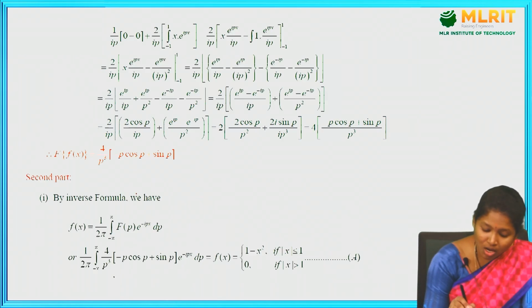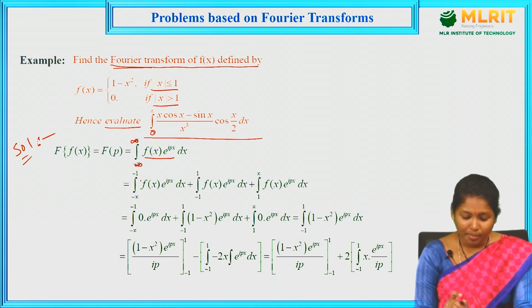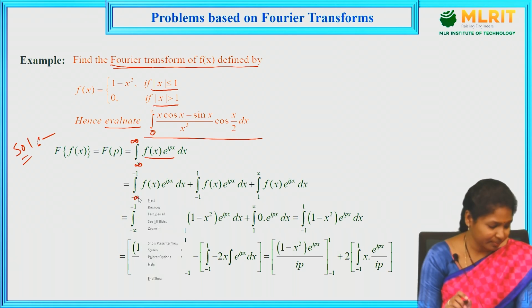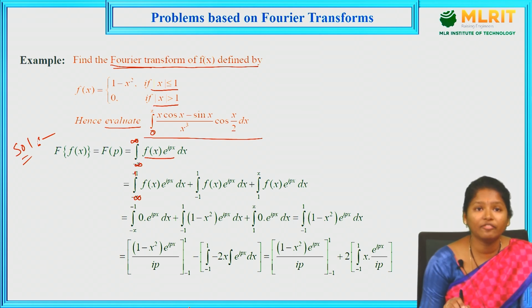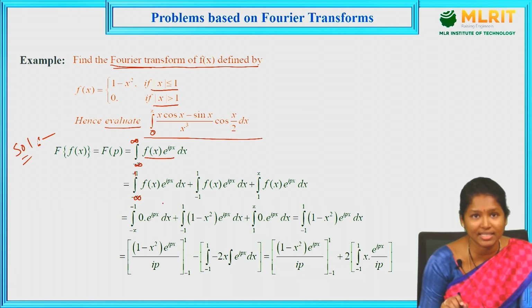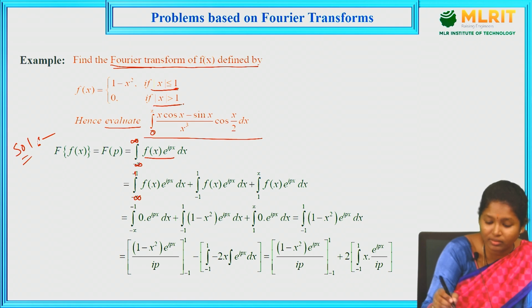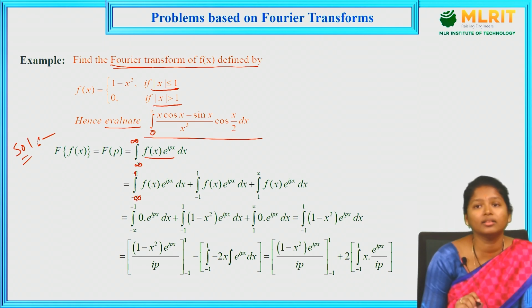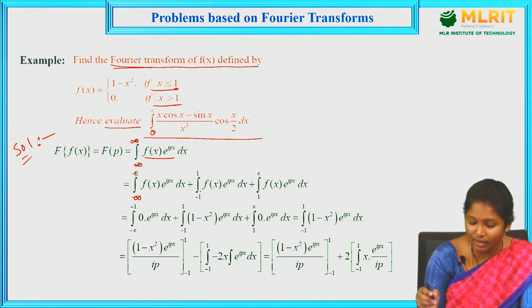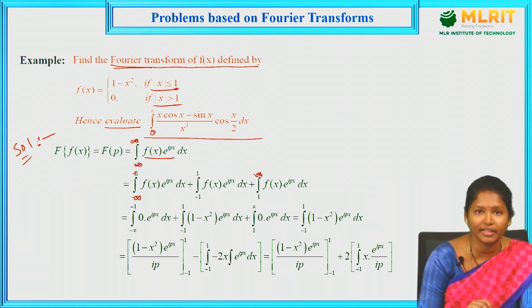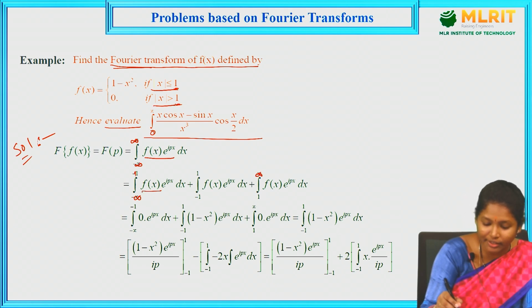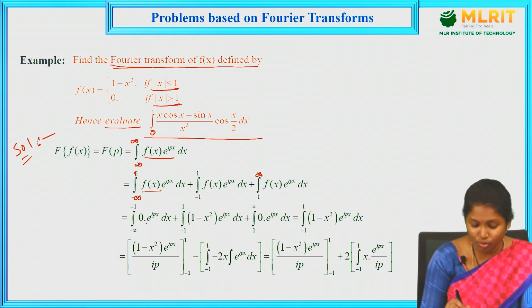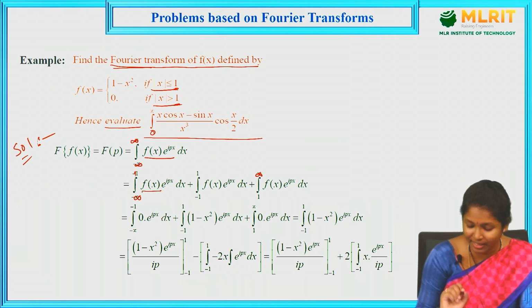Because 1 is given, we split the integral as minus infinity to minus 1, minus 1 to 1, and 1 to infinity. For f of x from minus infinity to minus 1, this is 0, so 0 into e power ipx dx.